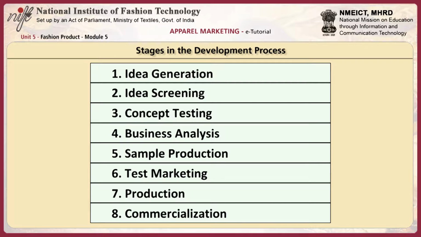The fourth stage in the new product development process is business analysis. The fifth stage is sample production. This is followed by test marketing. It continues after test marketing to production, then commercialization and mass production.